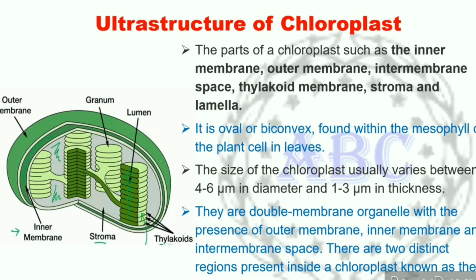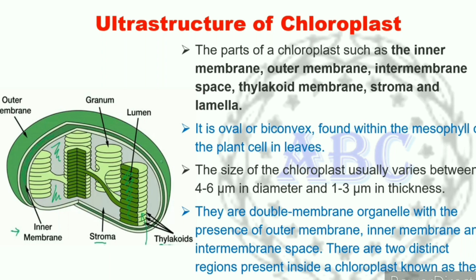This is the ultrastructure of the chloroplast. The parts of the chloroplast are the inner membrane, outer membrane, intermembrane space, thylakoid membrane, stroma and lamellae. It is oval and biconvex in shape, found within the mesophyll of the plant cell in leaves.